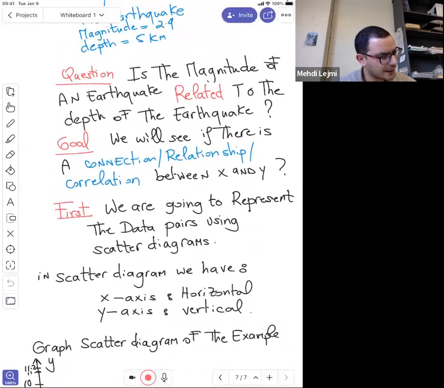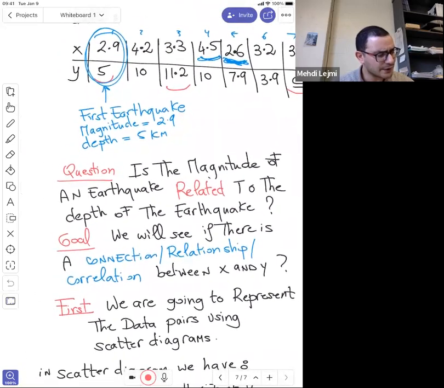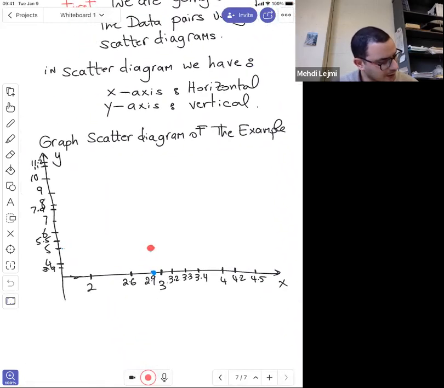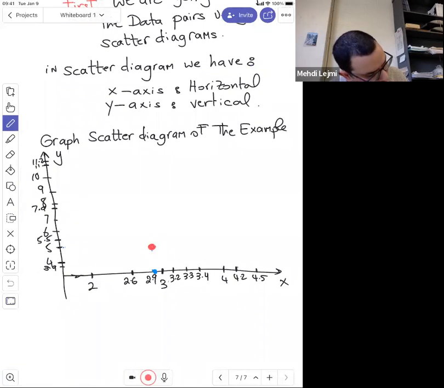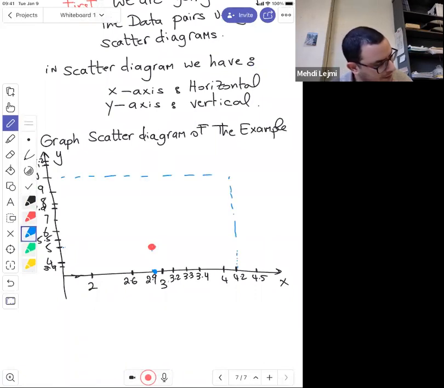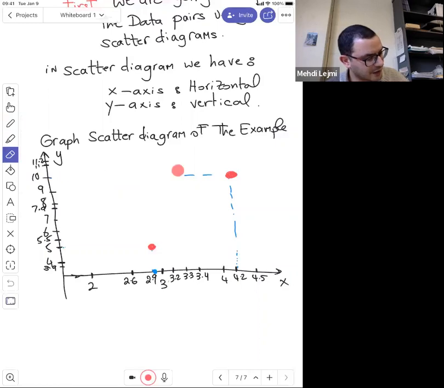Next point is 4.2 and 10. So this is my 4.2, and this is the point 4.2 and 10, and of course we need to erase the lines here.